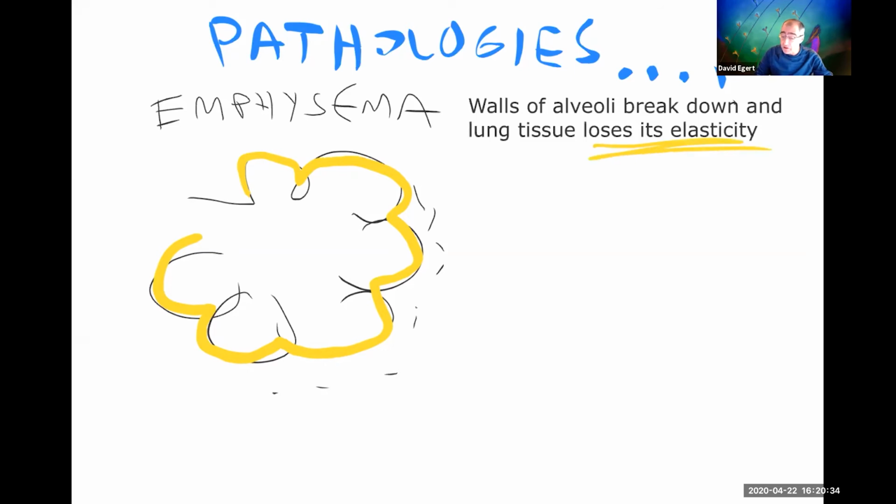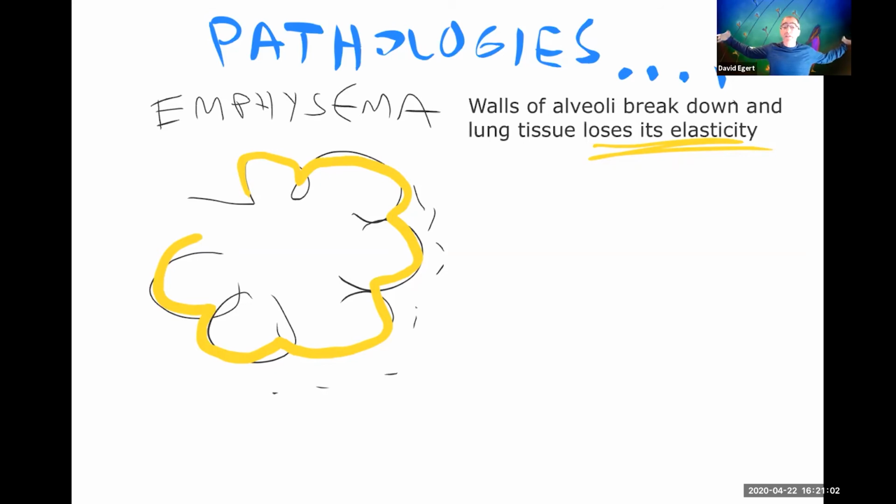Having the lung tissue lose its elasticity means the compliance has gone down. Normally, when you relax your muscles in your chest and the chest wall gets smaller, the lungs naturally want to get smaller too, because they've just been held open by that suction with the pleura.